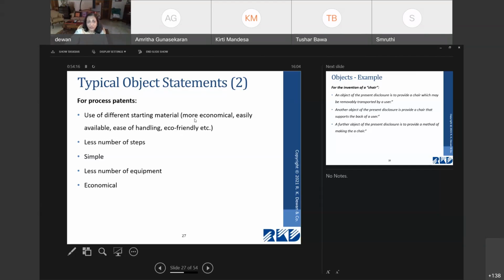There are a lot of inventions where eco-friendliness has become an important aspect. Easily available reactants. Some reactants or products may be difficult to handle. They need special packaging because you have to provide moisture barriers and oxygen barriers. But here you could come out with a product which doesn't need that. All these will be advantages and they can be converted to object statements.